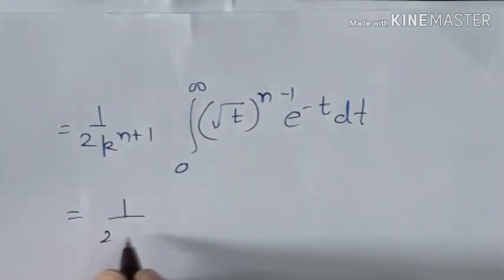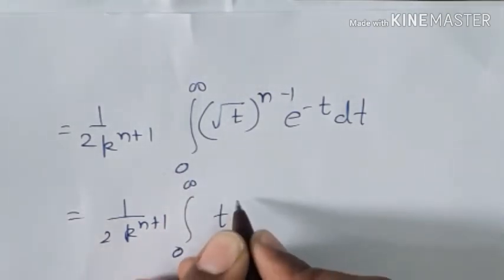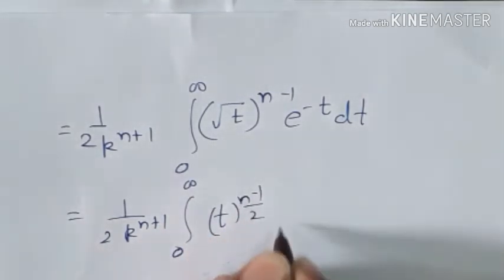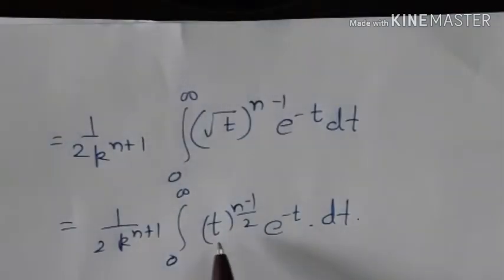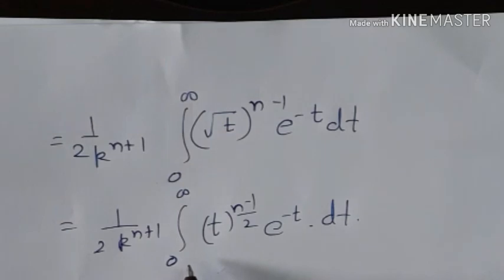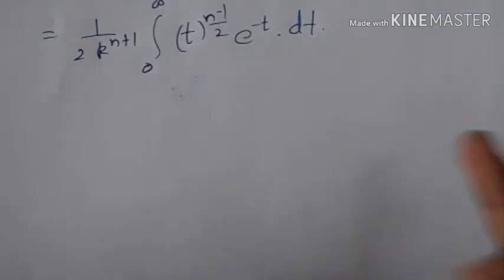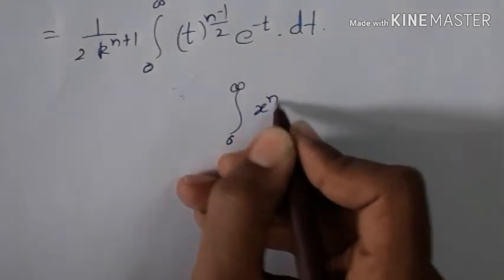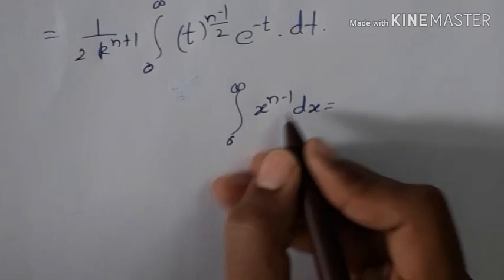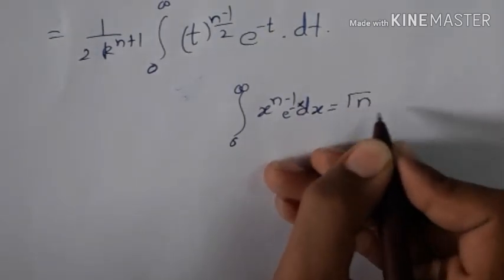So that is nothing but 1 upon 2 into k raised to n plus 1, the integral from 0 to infinity of t raised to n minus 1 divided by 2, e raised to minus t into dt. Once again we take this as similar to the formula: the integral from 0 to infinity of x to the power n minus 1 e raised to minus x into dx is nothing but gamma n.